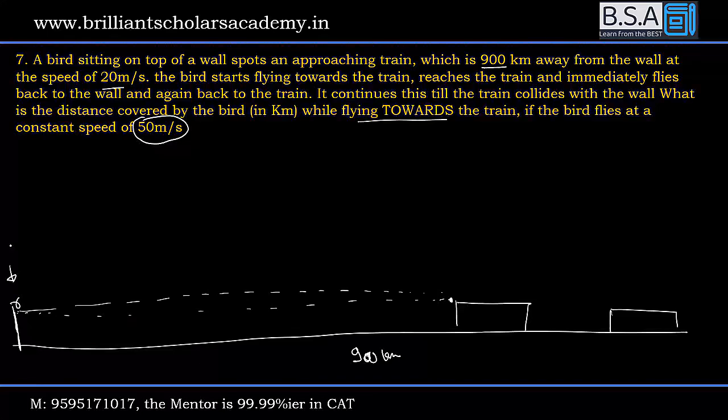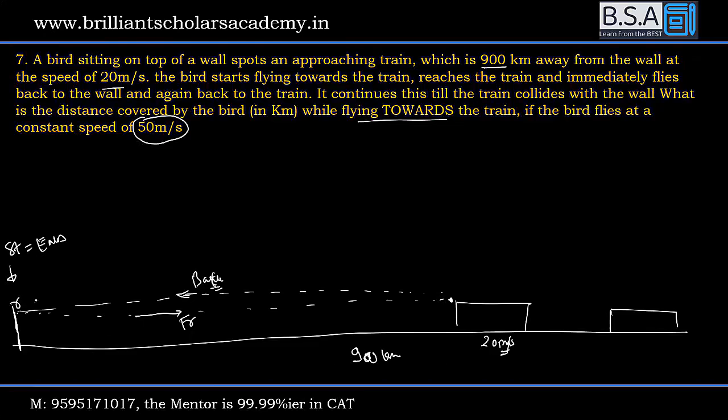For the bird, the starting point is the same as the ending point. That means going forward and going backwards, it is traveling the same amount of distance. At what speed is the train traveling? 20 meters per second.